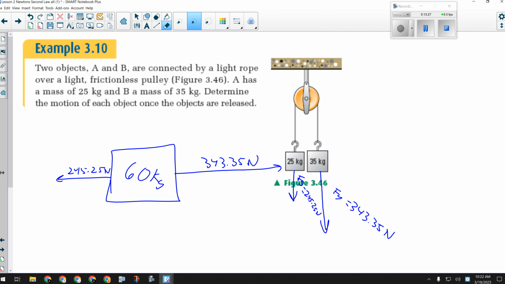Okay. Can I find the net force on this system? Comes out to 98.1, I think.